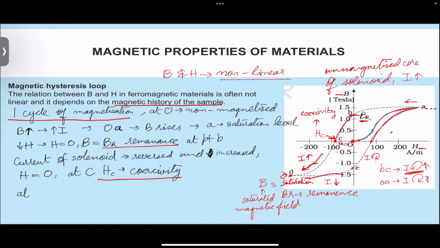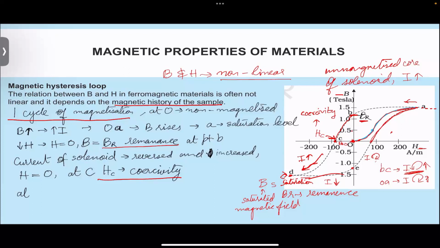If you keep increasing the cycles of magnetization, the nature of the curves is going to be the same, but the original traces are not going to be followed.